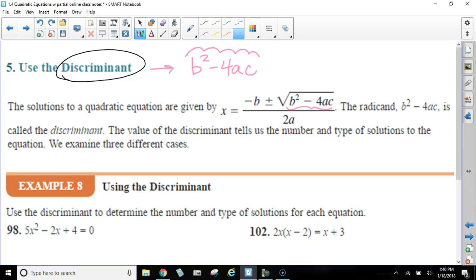Now, the reason we want to look at that separately at times is because that's what appears under the radical, and that will determine what type of solutions you get. In example 6, we had a negative discriminant. It was negative 36. Let me flip back over there to show you.